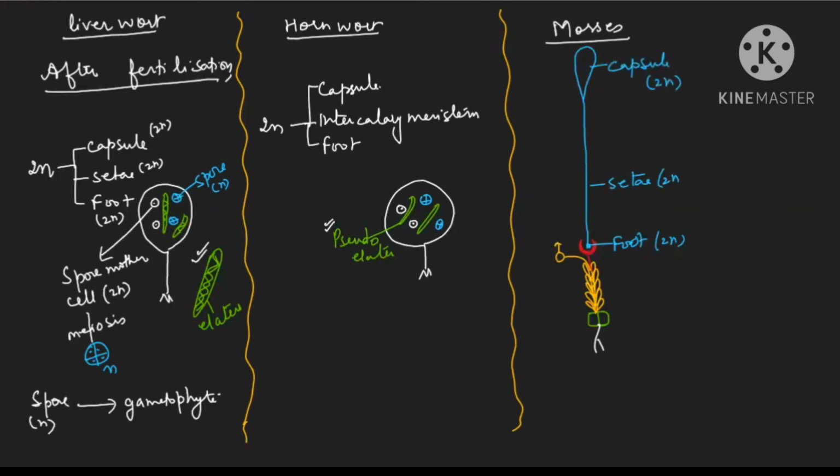Is it clear? So this is the part of the sporophyte body, and this is the part of the gametophyte body. In case of the bryophyte, sporophyte is dependent on gametophyte.